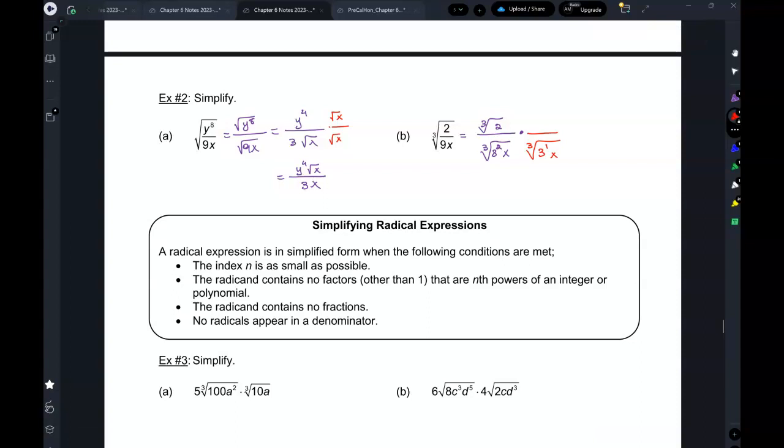That number minus the exponent, 2. So cube root of 3x squared. So now I have on the bottom 3x, and in the numerator, I have the cube root of 6x squared. Okay, questions?